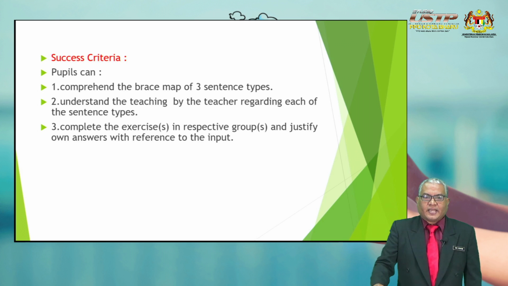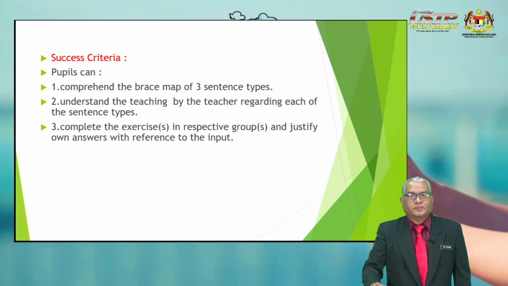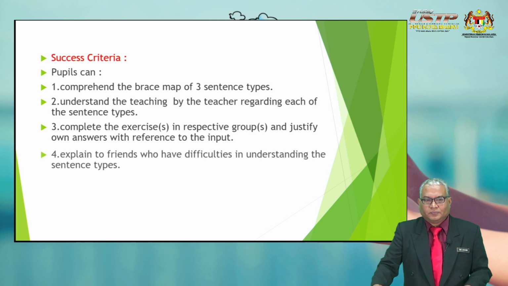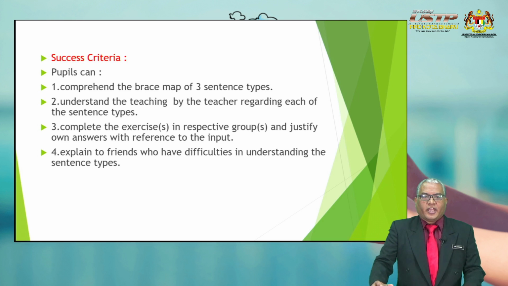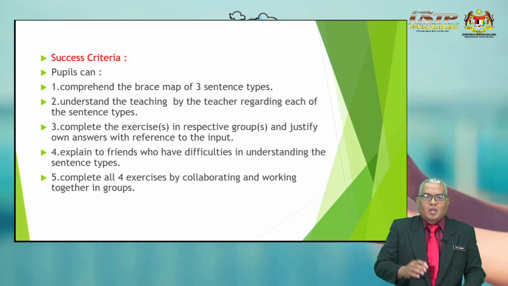Complete the exercise in respective groups and justify own answers with reference to the input. Explain to friends who have difficulties in understanding the sentence types. Complete all 4 exercises by collaborating and working together in groups.